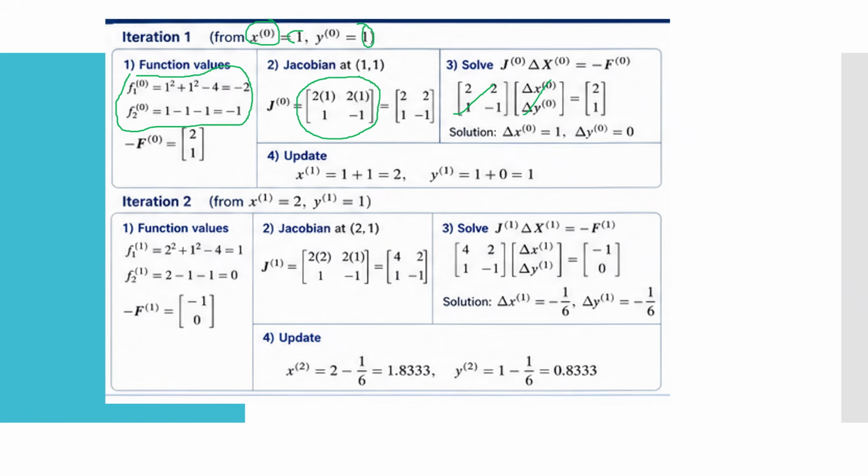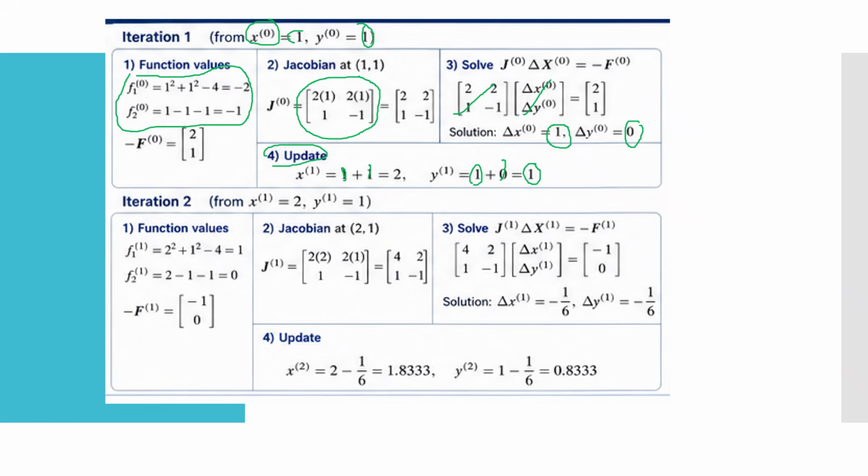So since the correction value is obtained as 1 for change in x and 0 for change in y, the new updated value for x1: the initial value is 1 and the correction factor is 1, so it becomes 2. For y1, the initial guess is 1 and the correction value is 0, then we obtain the updated value of x and y. Again, we'll repeat the same scenario.